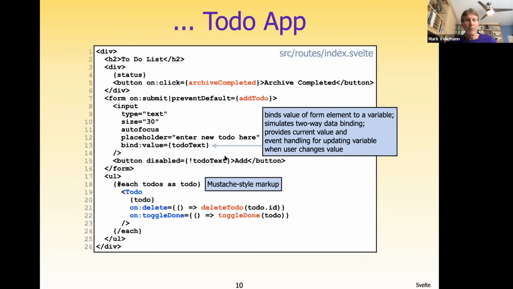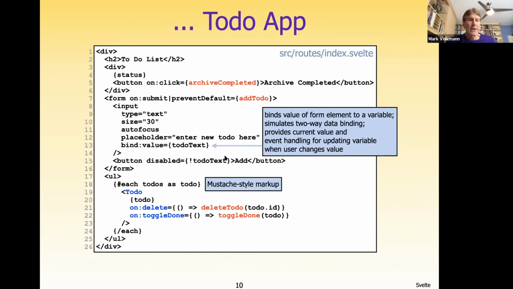Then down at the bottom, this is where I'm going to display all of the to-dos. And we see that Svelte uses a mustache style kind of markup for conditional logic and iteration. And so here we've got an each. And so I'm saying I want to loop through each of the values in the to-dos array, and I'll refer to them as just to-do. And for each one, I want to render a to-do component.